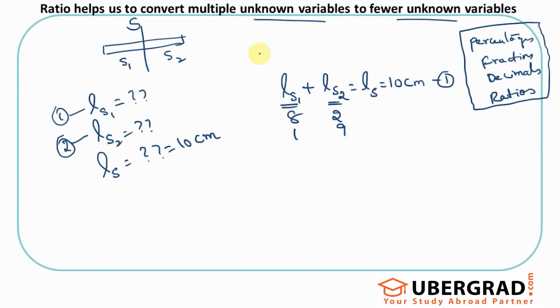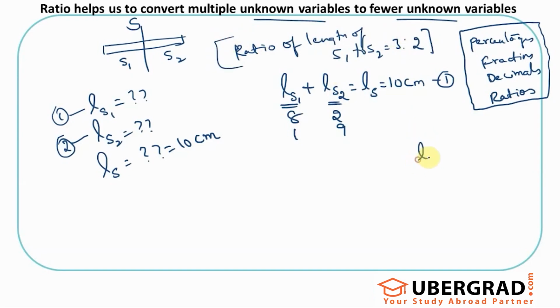If I say the ratio of length of stick 1 to stick 2 is 3:2, what are the lengths of stick 1 and stick 2? Yes, I can find that. Whenever you see these ratios, immediately what you can understand is this. I know that L of S1 by L of S2 is given as 3/2.